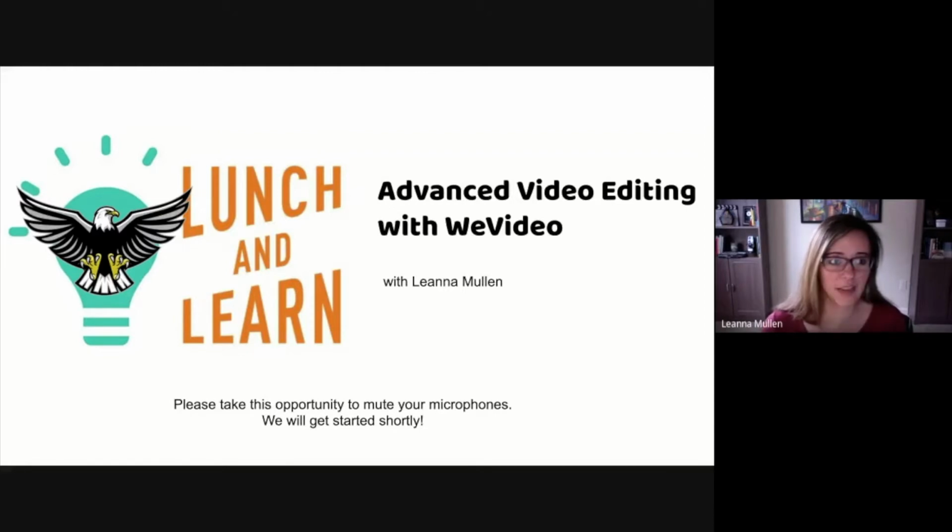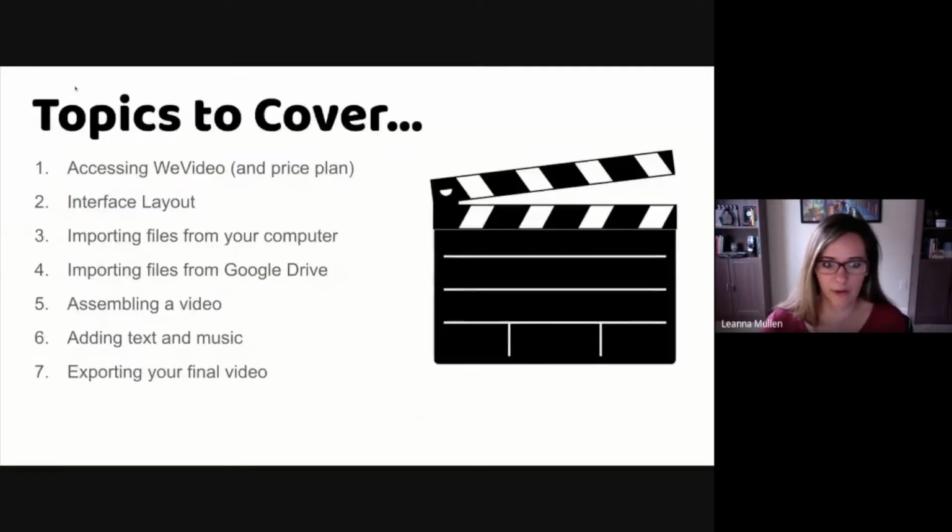But I did think it was important to let you know first what the layout of the things I'm planning to cover are. So we will go over how to access WeVideo and also the price points should you decide to keep WeVideo going forward, what that is and what the different options are. Then I'll get into the actual WeVideo interface and the layout to navigate how to get started in it.